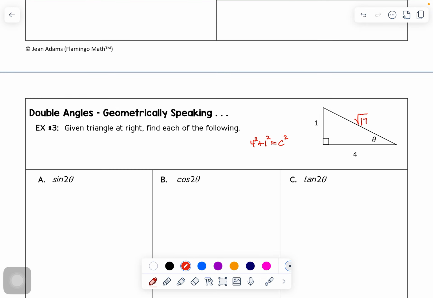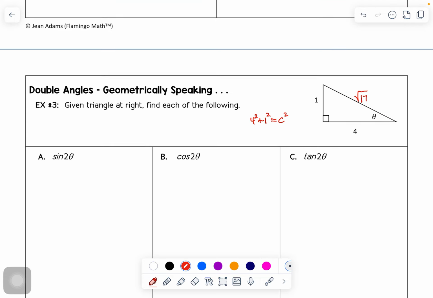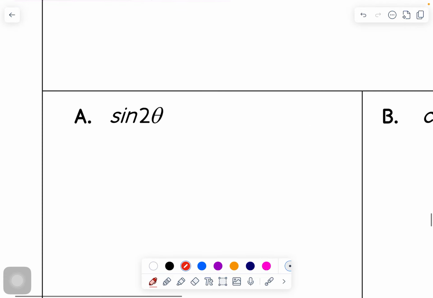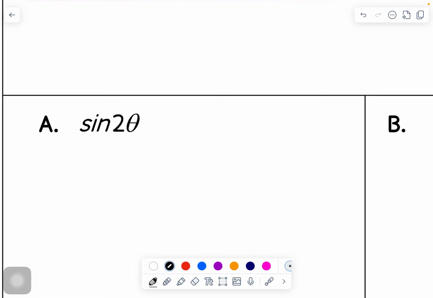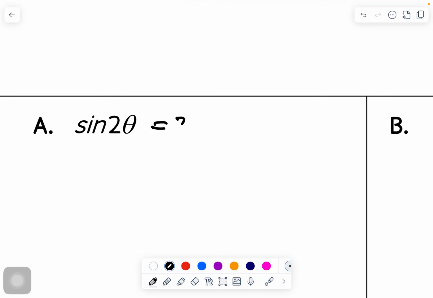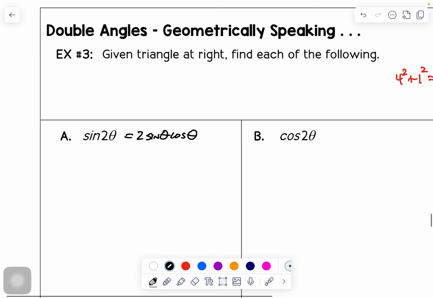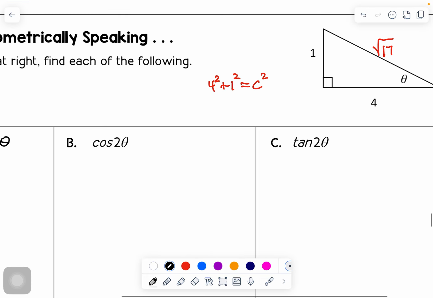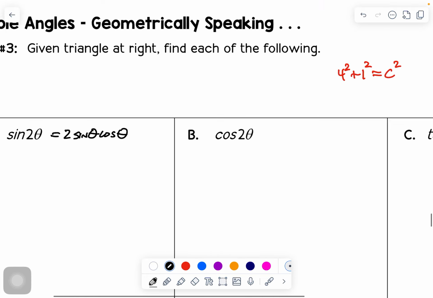But then we're going to use the formulas for each of these to be able to simplify this the best that we can. So let's see here. Sine of 2 theta, you're using the identity at the top of the page for this. This is equal to 2 sine theta cosine theta. So I'm going to reference my triangle then. The sine of my triangle, opposite over hypotenuse, is 1 over root 17.